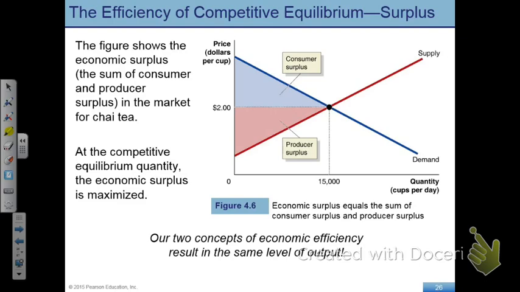Now, what we're going to do is show that anytime the market is not in equilibrium, the size of this economic surplus, the producer surplus plus the consumer surplus, will always be smaller. Which means we're going to show in a minute that in market equilibrium, the size of the consumer surplus and the producer surplus that you are looking at right now is the largest.